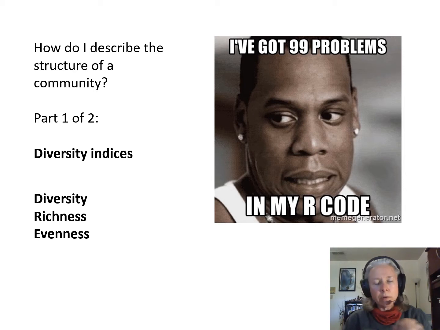So you have differences in that way. You also have different methods that are appropriate for different data forms, so if you have presence-absence data versus actual counts data, if you have lots of zeros in your data or not, and so forth. And so we're going to go through all three of these components, diversity, richness, and evenness, today.